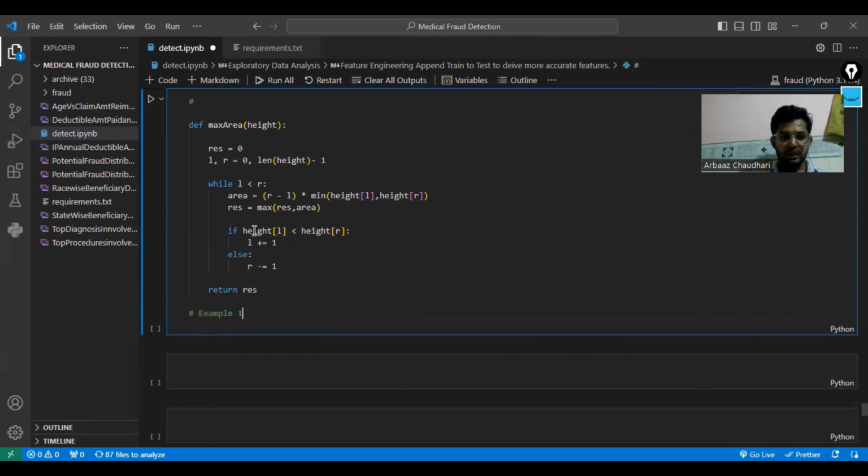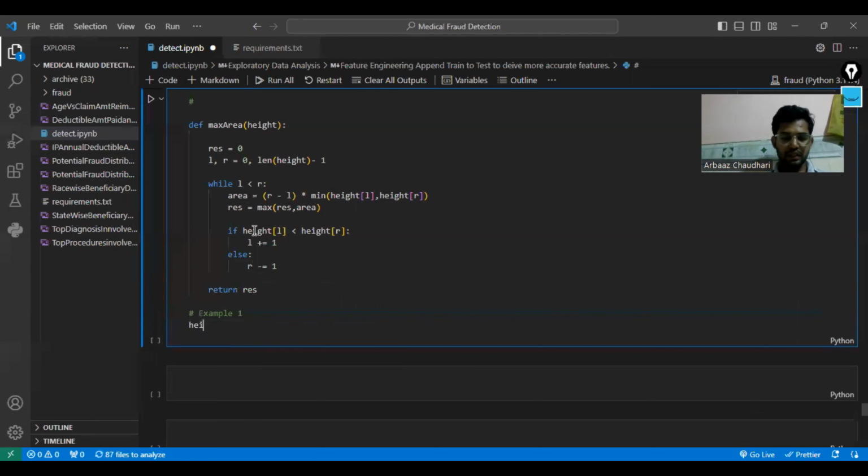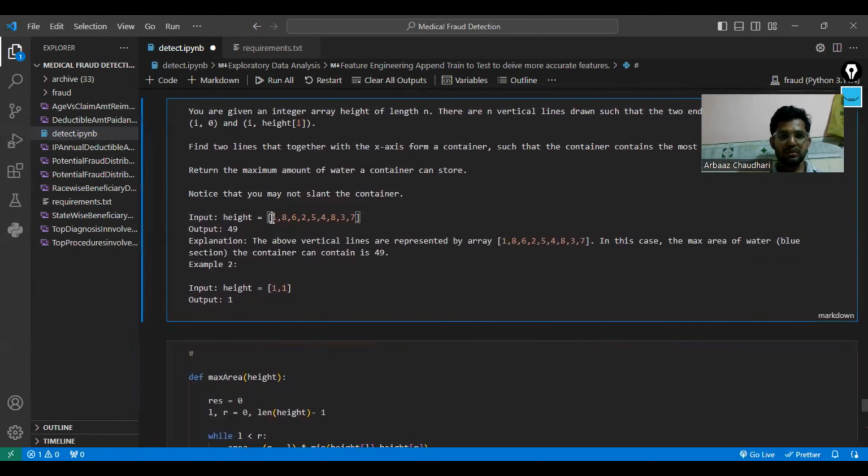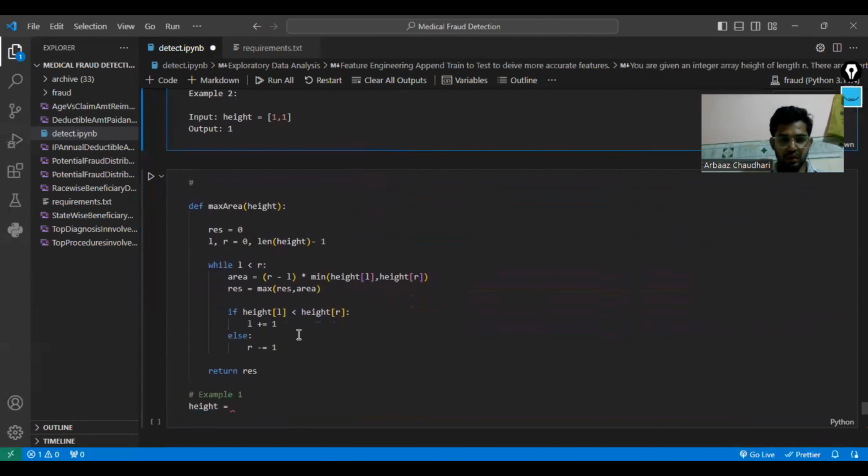Let's check for example 1. Height is given. Height is this much. Let's copy and paste. Okay.